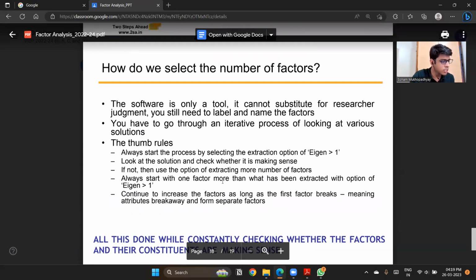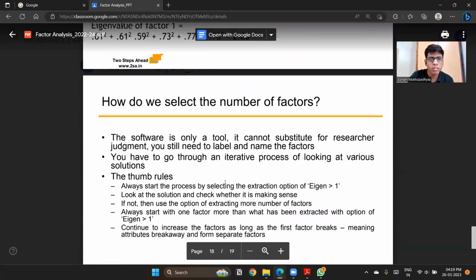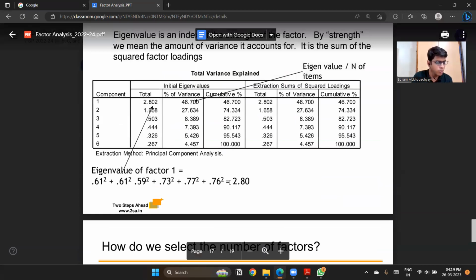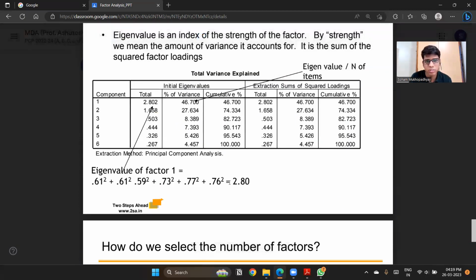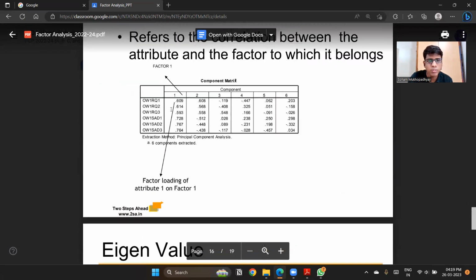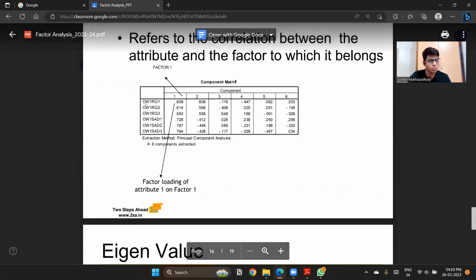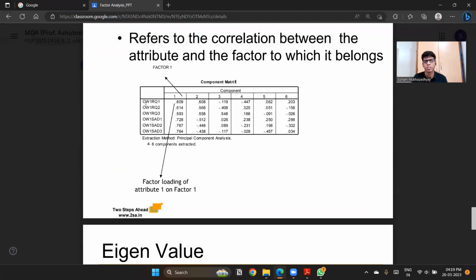So factor scores are basically a weighted measure of the responses. Let's say you have the variable values. Each of these variables, let's say Q1, will have a value for each respondent, and you will multiply that with the factor loading of this attribute. The factor loading of this is 0.609, let's say.